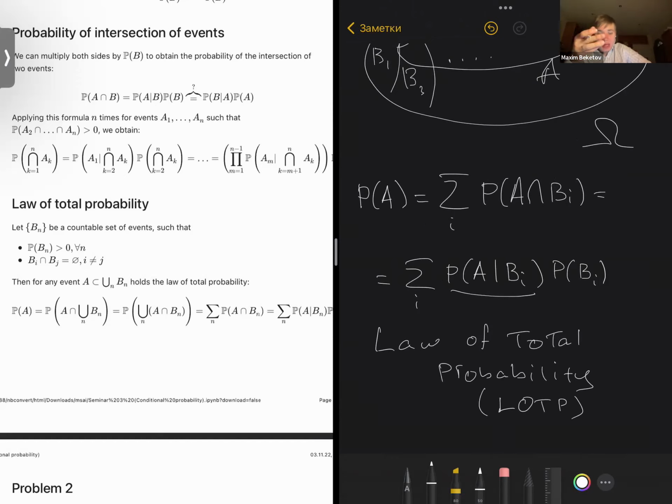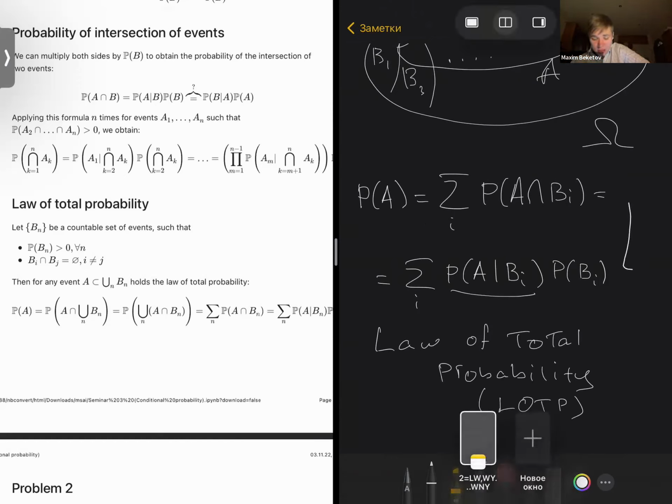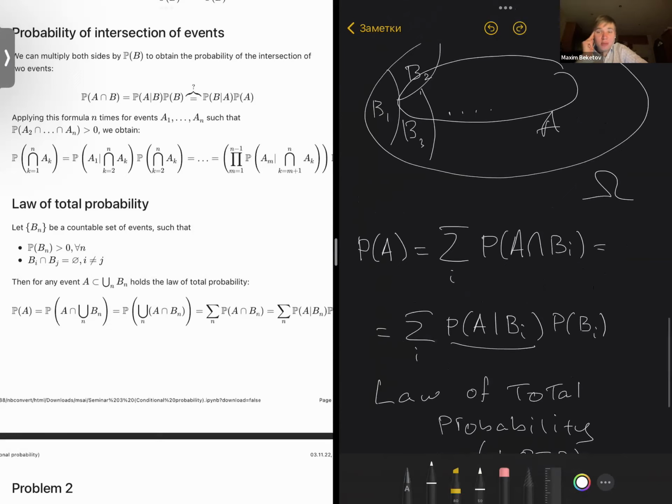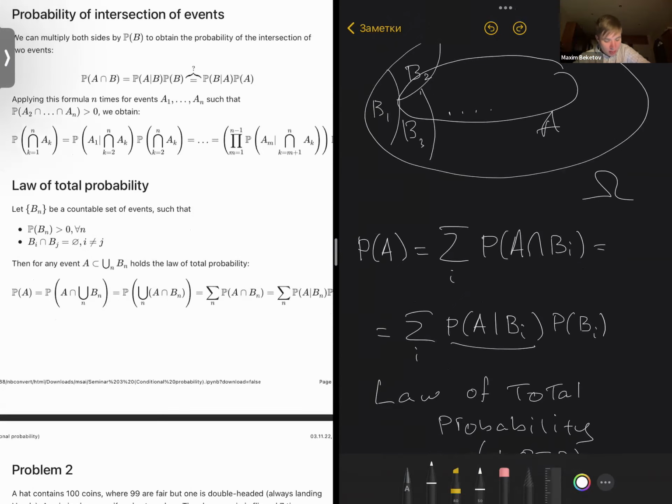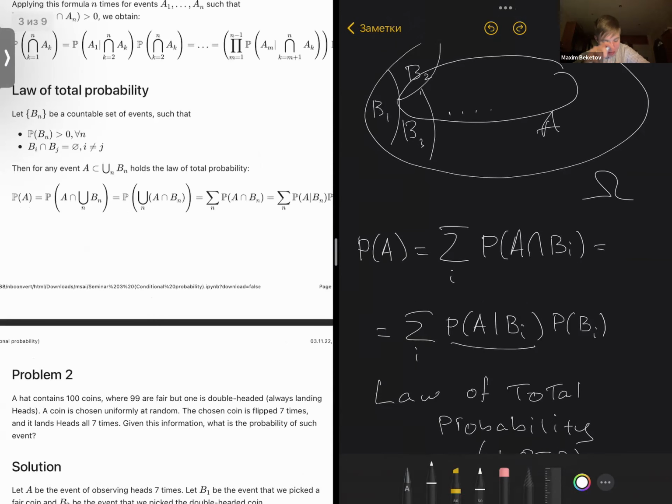Because sometimes we can find such systems of events, such B's, that it is easy to find the probability of A given B and the probability of that B. Okay, and we will look at a problem where this can be useful.